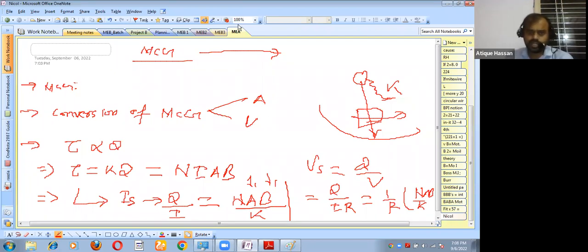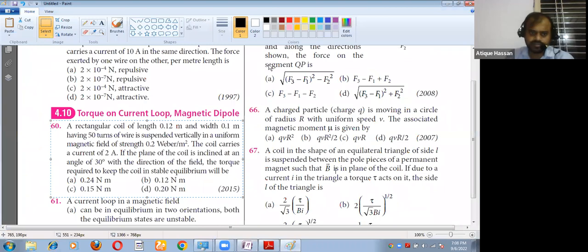You know this formula? How to remember? You don't need to remember, you can directly use this formula. All right, so let us do the questions based on sensitivity.